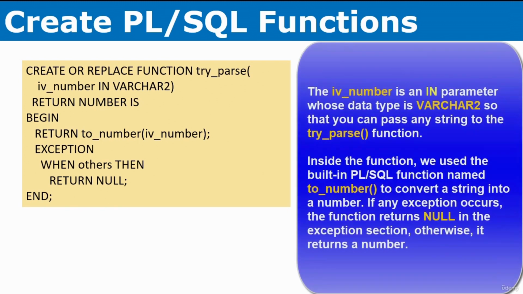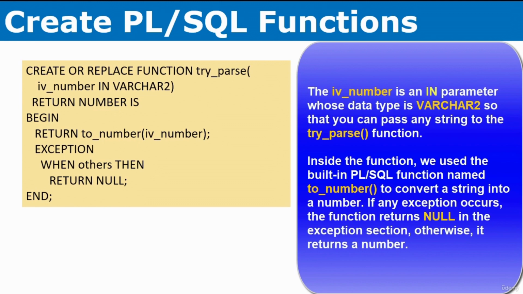The IV_number is an IN parameter whose data type is varchar2, so that you can pass any string to the try_parse function. Inside the function, I've used the built-in SQL function called to_number.